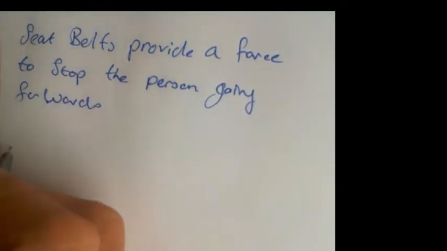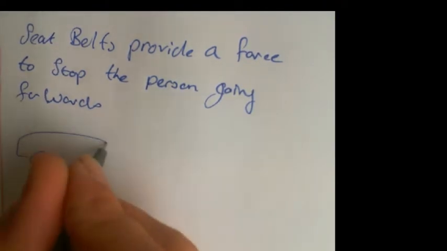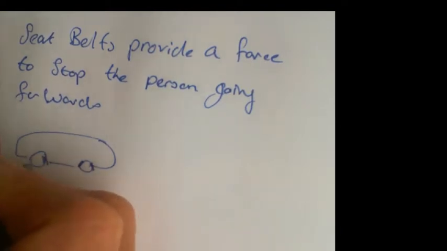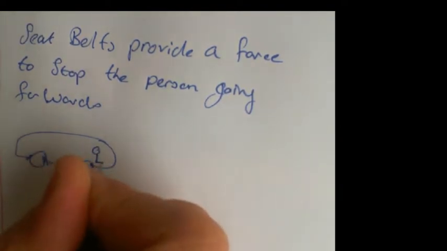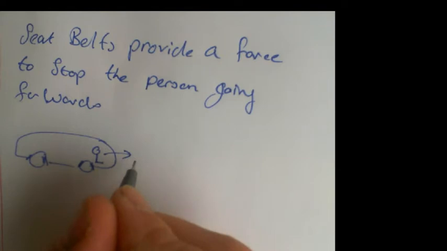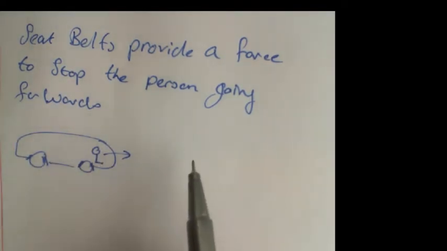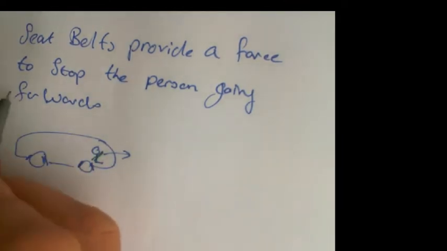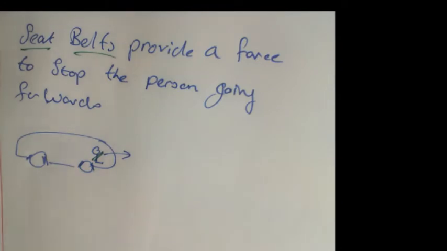Okay, so if you're driving in your car and you put on the brakes, the brakes are applied to the wheels. You have not had a force acted on you at all, so you keep moving unless there is something that provides a force to keep you in place, and that thing is the seatbelt.